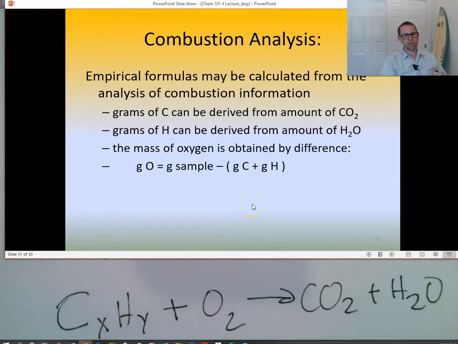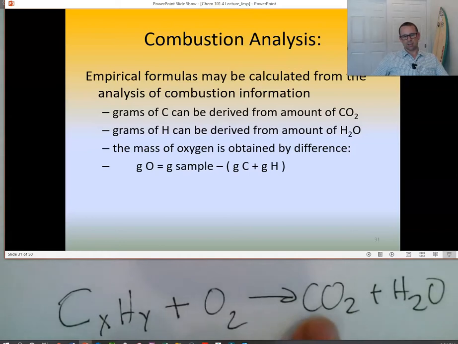Okay, so once we know the mass of our carbon dioxide, we can use that mass to calculate the moles of carbon dioxide and then the moles of carbon.